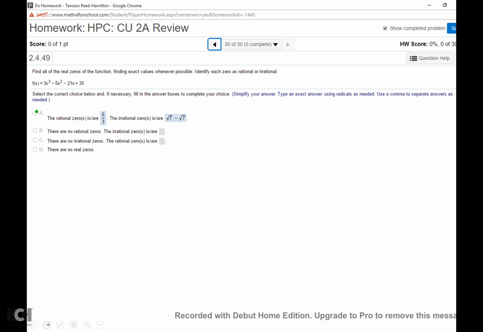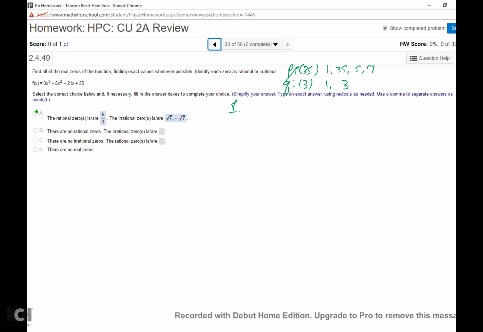Alright, and number 30. Find all of the real zeros of the function, finding exact values wherever possible. Identify each zero as rational or irrational. We would do a combination of our PQ list and graphing technology. My P has to be a factor of 35, which is 1, 35, 5, 7. My Q has to be a factor of 3, which is 1 and 3.